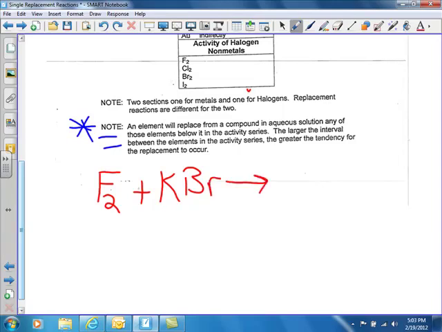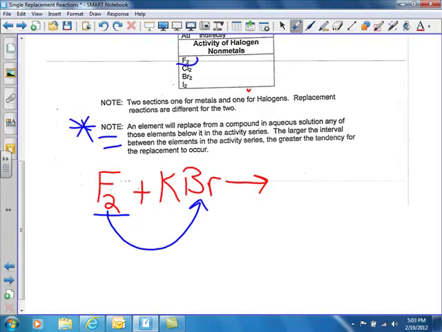Okay, there's my reaction. One thing to note is you don't have a metal. So this F2 is not going to kick out the K because this is a negative ion. Negative ions will only kick out other negative ions. So this F2 could only kick out that Br.